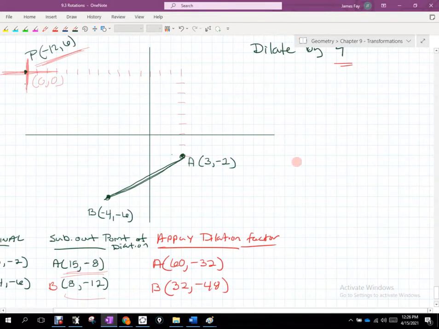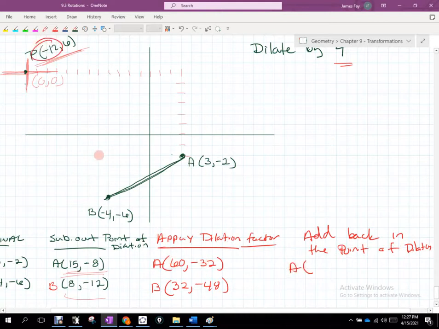So now we're going to add back in the point of dilation. Okay, so we're going to start with 60 and add back in negative 12. So what's 60 plus negative 12? 48.